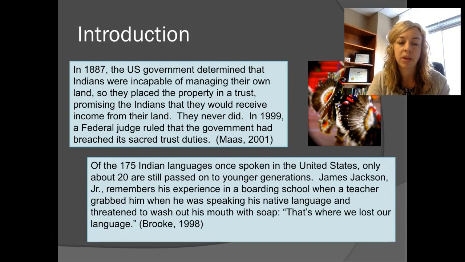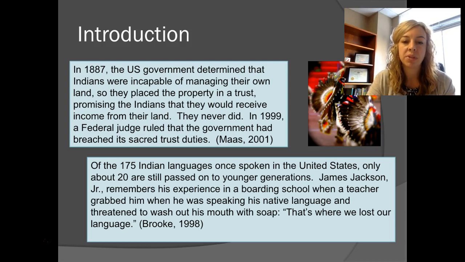And then a second one. Of the 175 Indian languages once spoken in the United States, only about 20 are still passed on to younger generations. James Jackson Jr. remembers his experience in a boarding school when a teacher grabbed him when he was speaking his native language and threatened to wash his mouth out with soap. That's where we lost our language.